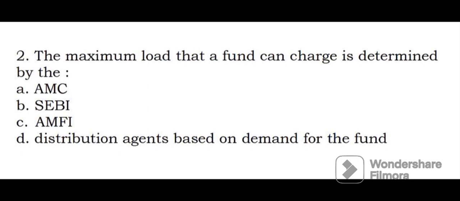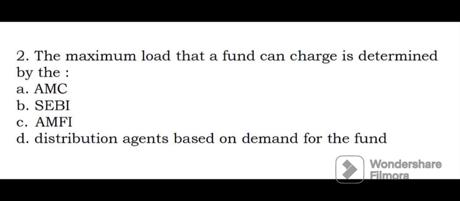Question number 2. The maximum load that a fund can charge is determined by option A, AMC, that is Asset Management Company. Option B, SEBI, that is Securities and Exchange Board of India.